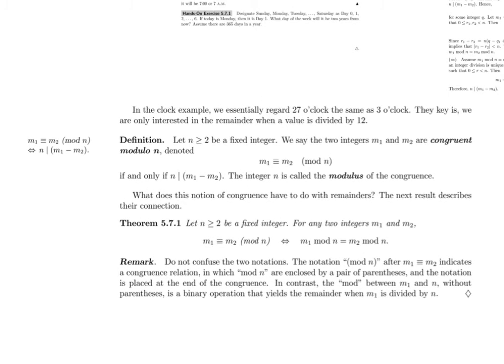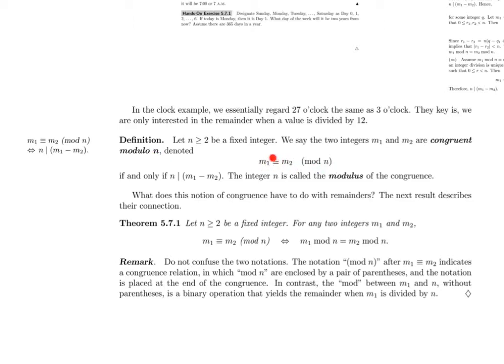So we're going to need a little bit of definitions and a little bit of theoretical machinery to set up this powerful new number system called modular arithmetic. So our definition is, let's pick an integer n that's greater than or equal to 2. We say that m1 and m2 are congruent modulo n, which we write this way.